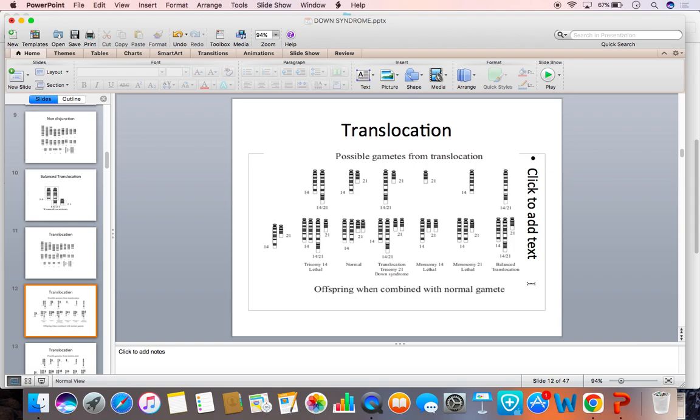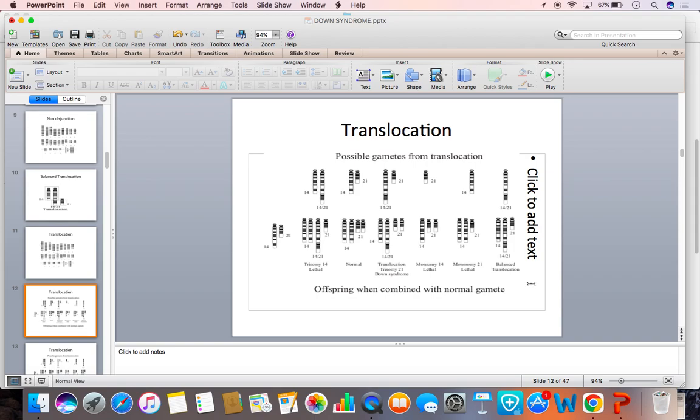Another cell will have the 14 plus 21, this is an abnormal cell. That is a gamete, and the other gamete will have only one copy of 21, no 14 at all. This is lethal, and that particular cell won't survive.